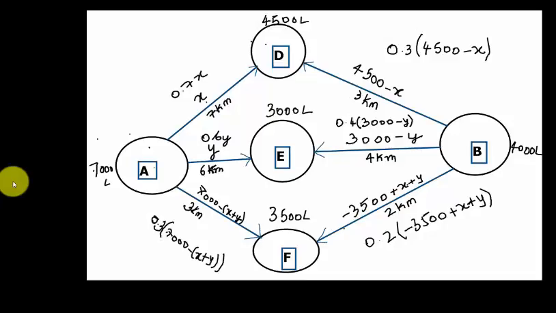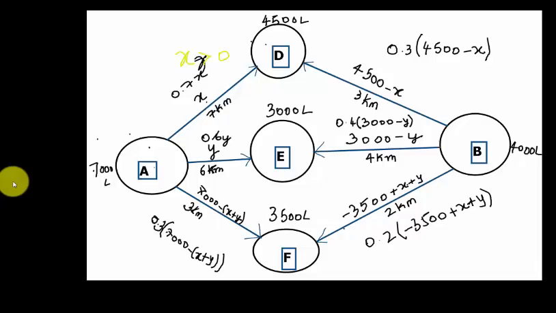I have to transfer it from A to D, which means x cannot be 0. So x has to be greater than 0. And again, I have to be transporting from A to E, which means y has to be greater than 0. Also I have to transport from A to F, which cannot again be 0. So that's 7000 minus of x plus y has to be greater than 0.